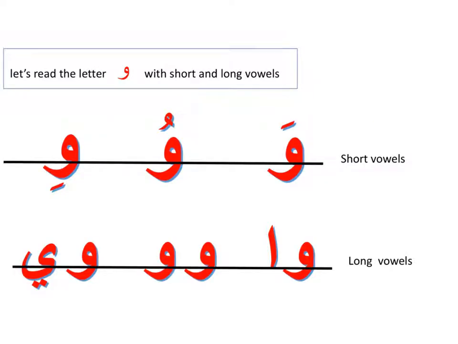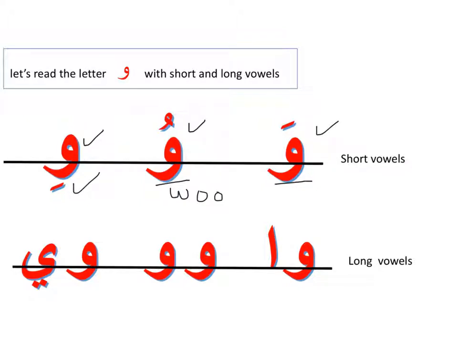Now let's read the letter wa with the short vowels fatha, dhamma, and kasra. So we have wa, wu, wi. Again, wa, wu, wi.